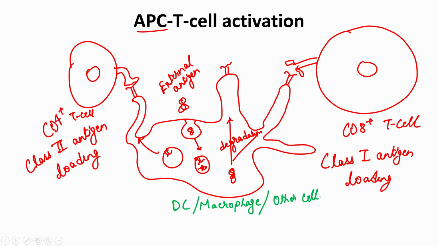The way this activation happens is that dendritic cells and macrophages have different classes of proteins, called class 1 and class 2. What is class 1? Class 1 is loading of antigen through an intracellular route. Let us say the protein that is an antigen is present in the cytoplasm.